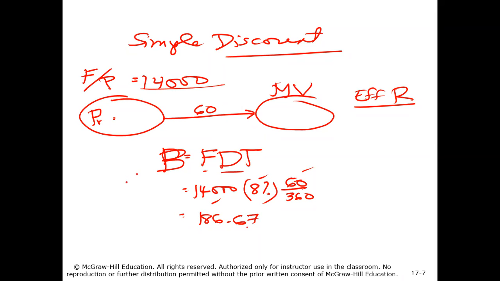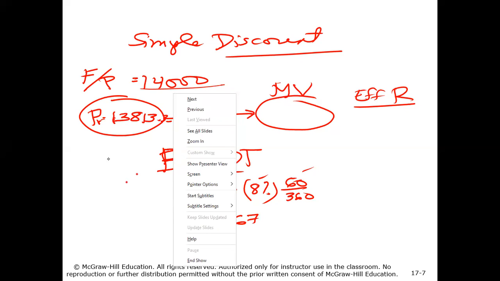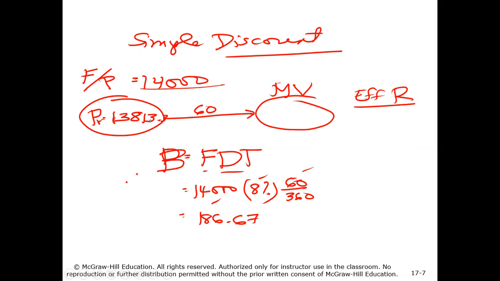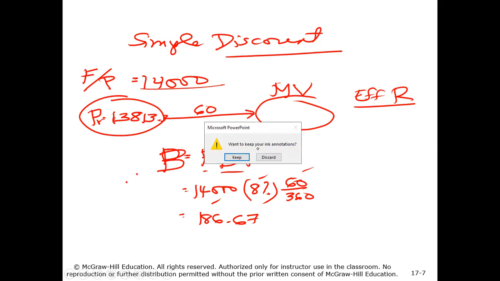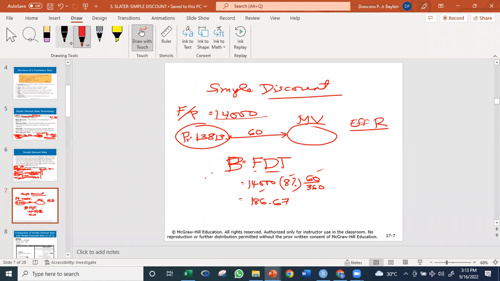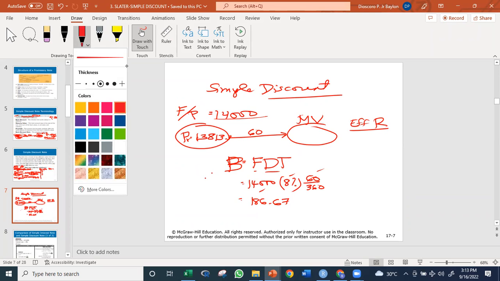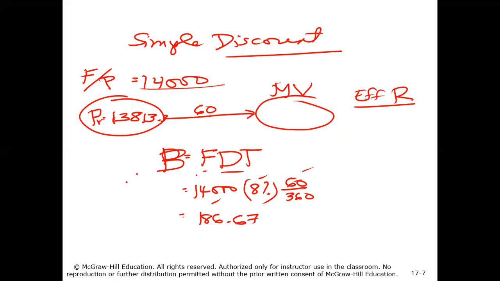So this is just the discount. We're not going to receive 14,000, but rather what we're going to receive is 13,813.33.